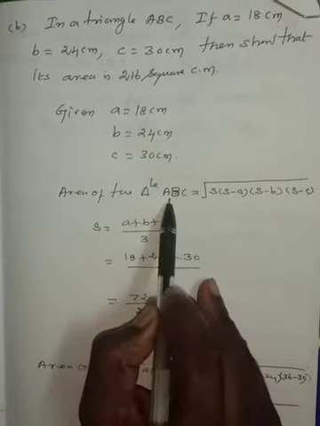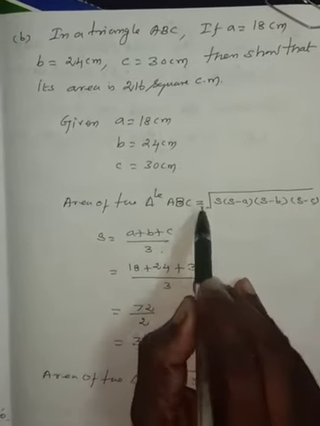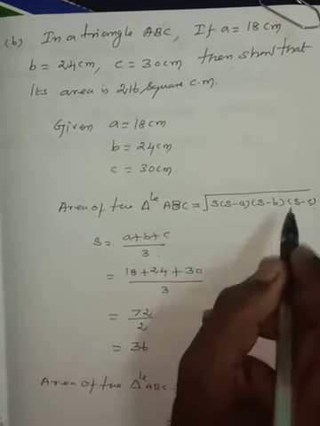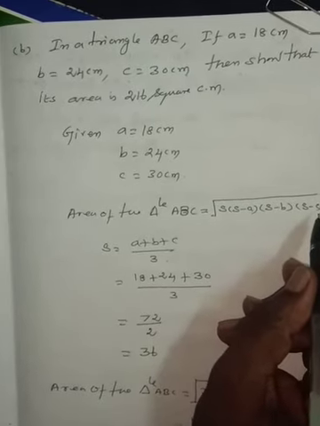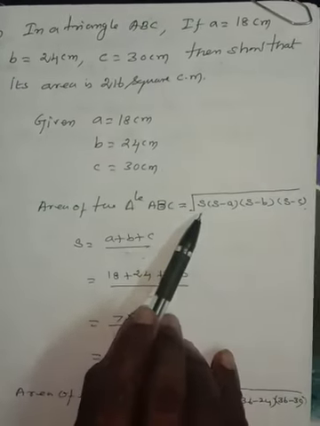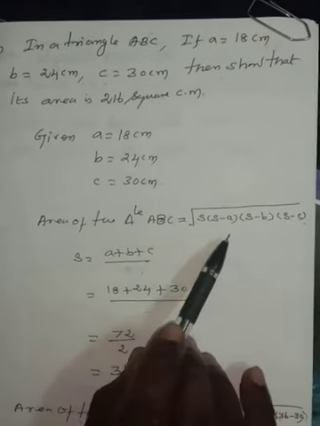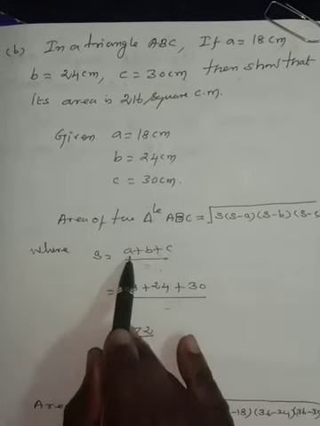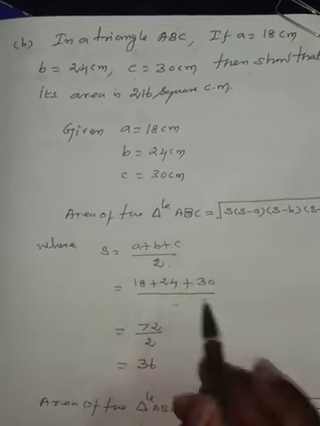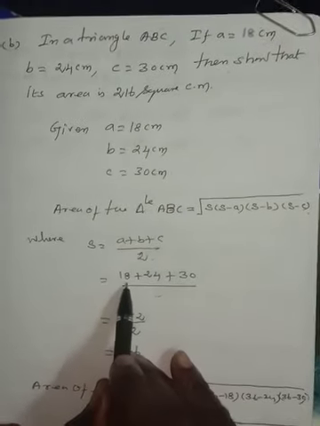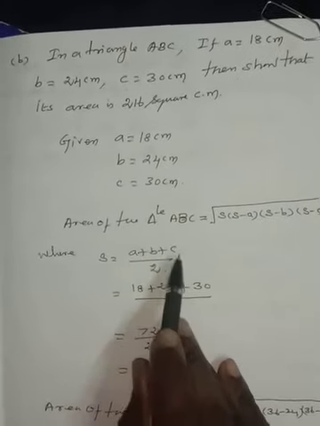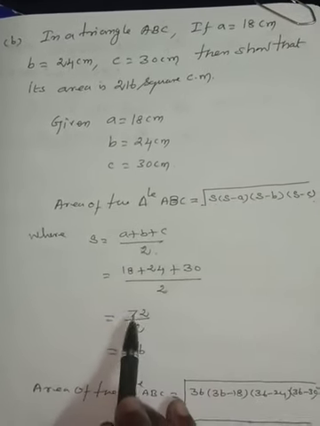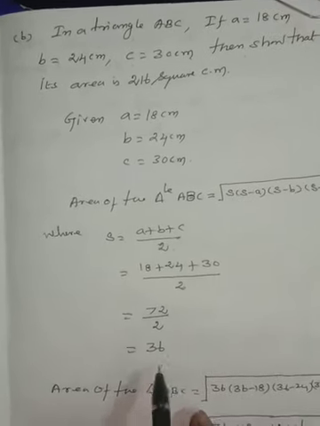Area of the triangle ABC using the formula square root of s into (s minus a) into (s minus b) into (s minus c), where s is equal to a plus b plus c divided by 2. A is 18, b is 24, side c is 30, whole divided by 2. Adding the numerator, 72 divided by 2 is 36. This is s.